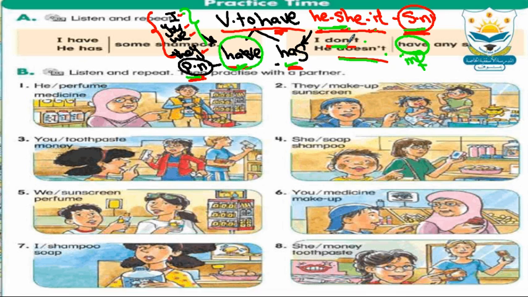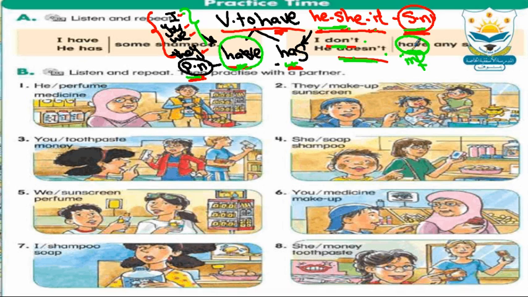Because after don't we should put the verb in infinitive. He doesn't have. Also why should we put have not has? Because after don't or doesn't in negative we should put the verb in infinitive. And we said which one is in infinitive, have or has? Of course have is in infinitive. So the infinitive from have and from has is also have.